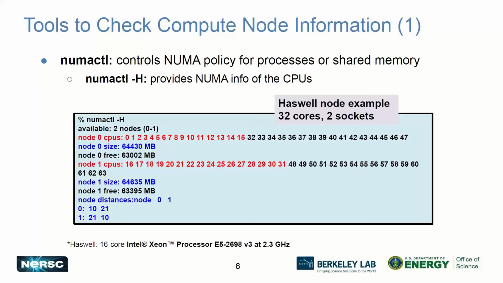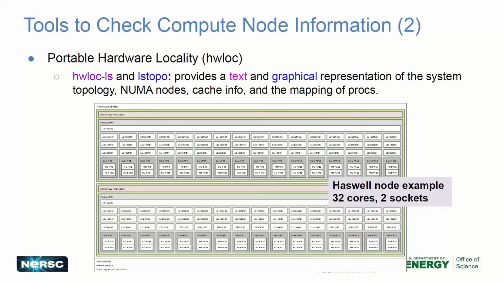To get more information on how these CPUs or the system are arranged, you want more information on system topology, NUMA nodes, and cache information. The tools hwloc-ls give you text information, or lstopo gives you a graphical representation.